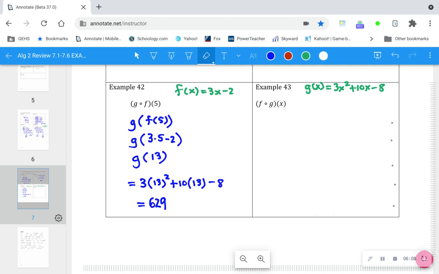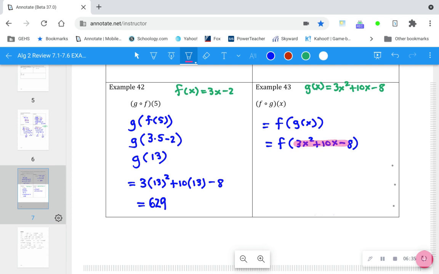Okay, on the next one, we're supposed to turn it around and do Goff, but we don't have a number to plug in. It's just Goff of x. And, Fog of x, F-O-G instead of G-O-F. In this case, you're going to put G inside of F. And so you start by writing out the function G, and then that becomes the input.